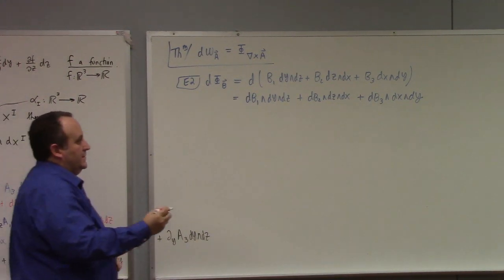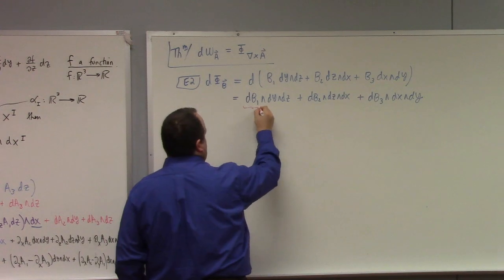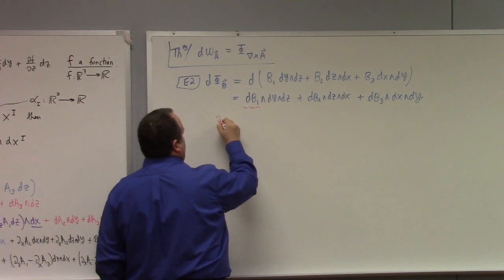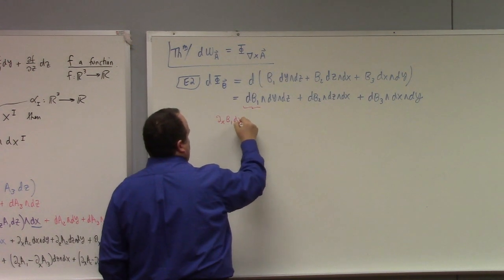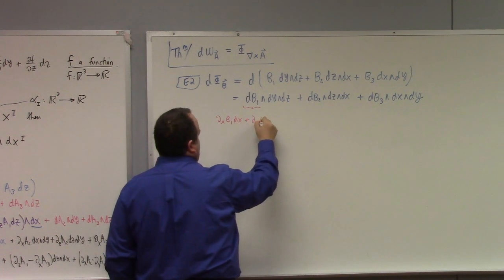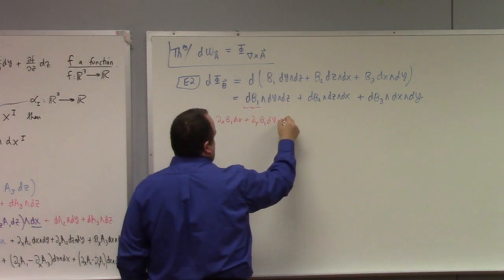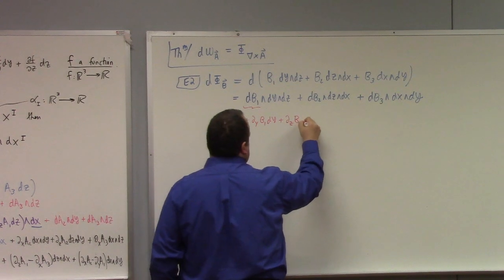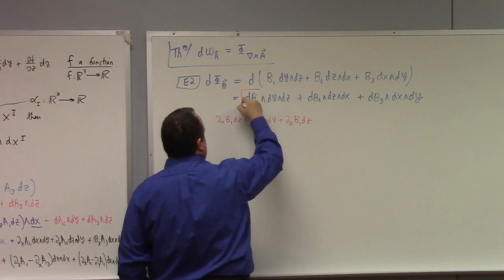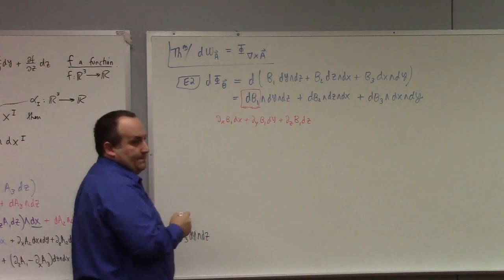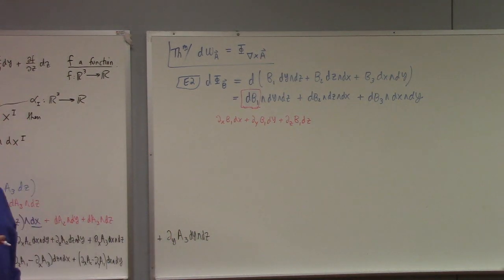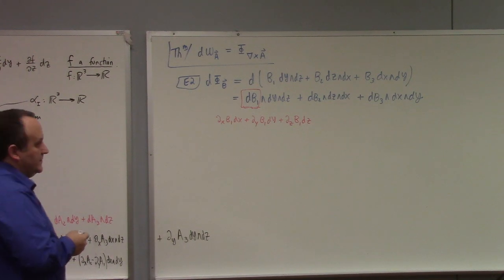So I'm just going to point out what happens here. This is partial x B1 dx plus partial y B1 dy plus partial z B1 dz, right? That's what this right here is. But what happens when you take the wedge product with dy wedge dz?